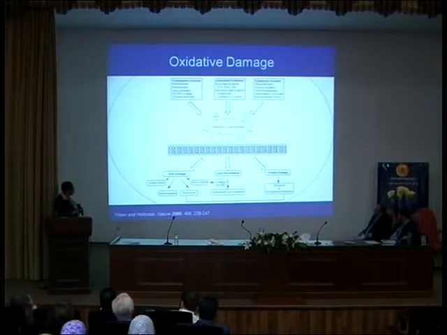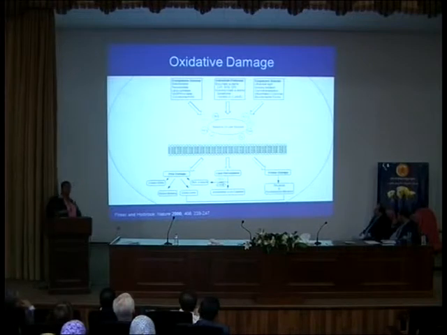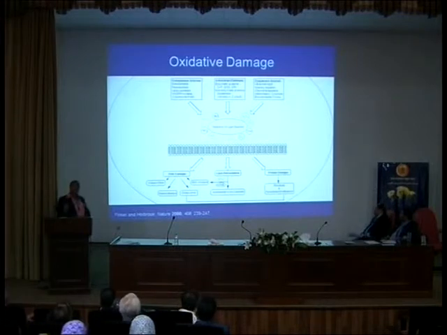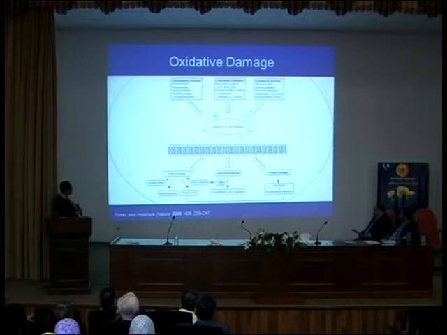We can get strand breaks. Those create a very difficult situation for the cell. They have to be repaired, and the repair of strand breaks is the most difficult situation. And then we get abasic site formation, where we simply lose the genetic information by losing the base. That's a very important aspect as well, and almost all damage leads to some formation of an abasic site.